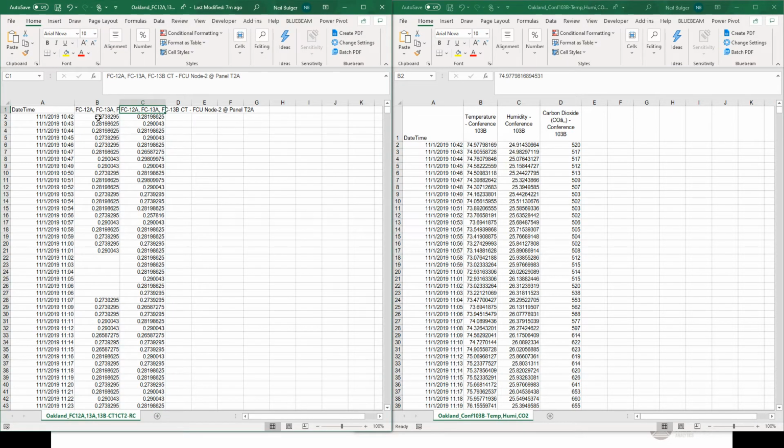We could actually ask the question, when the temperature in the room was above a certain threshold, let's say above 75 degrees, so right here when it went into 75 degrees, what was the power demand of the fan coils?